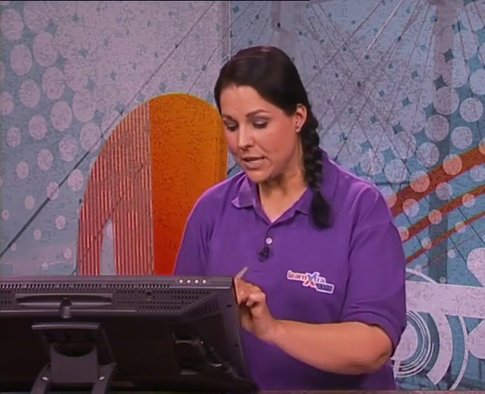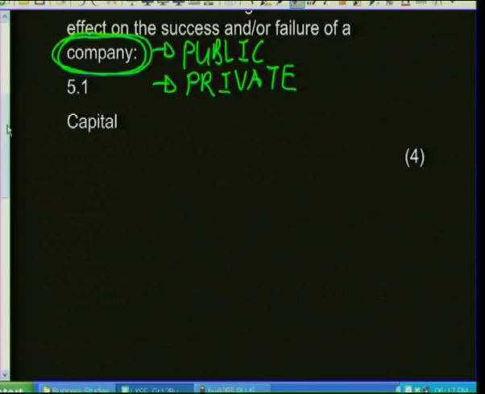Now, the first thing they want us to talk about is capital. Capital means money. Where do they get their money from? If you've got a public company, you are allowed to sell shares to the public. Public company, think about it. They sell shares to the public on the JSE.